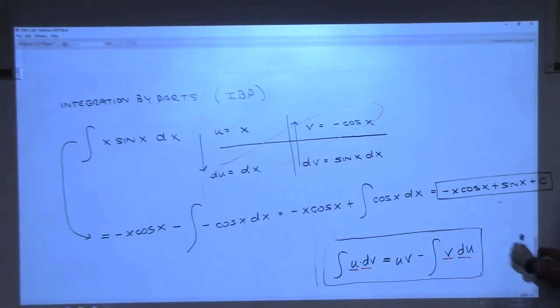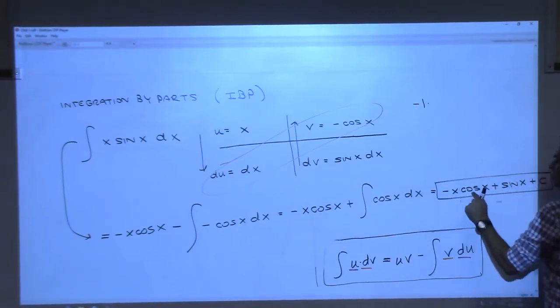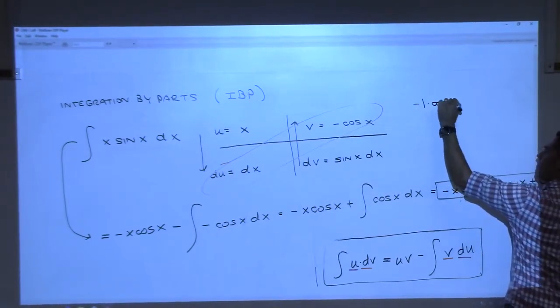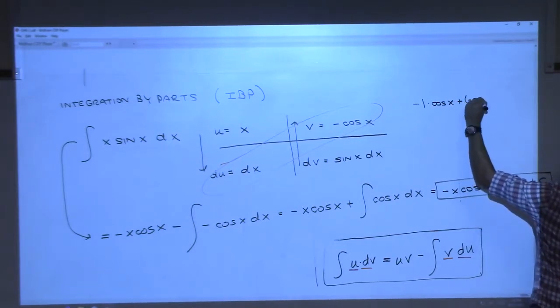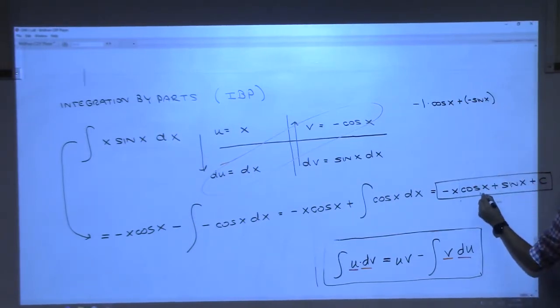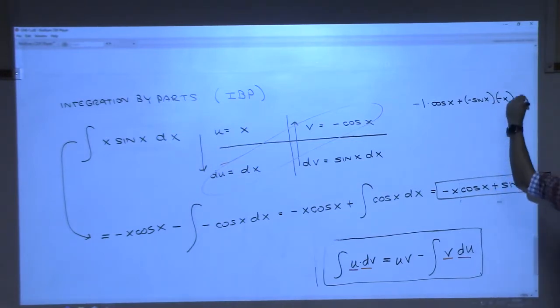Check it. Okay, we have a product right here, don't we? This one I don't have a product, so I can just do this one separately. Let's do the product rule there. The derivative of this is negative 1 times this, plus the derivative of cosine x times x, plus sine x. What do we have here?